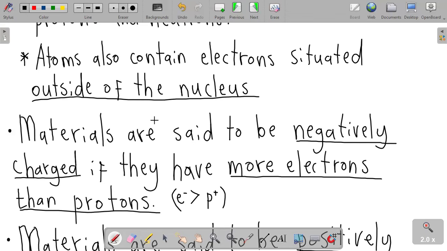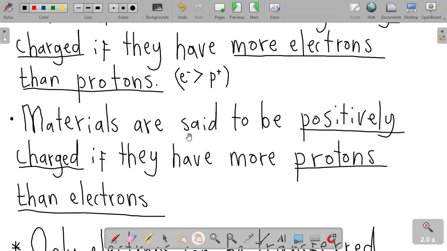And then the opposite is also defined. Materials are said to be positively charged if they have more protons than electrons. So we can say protons are greater than electrons.